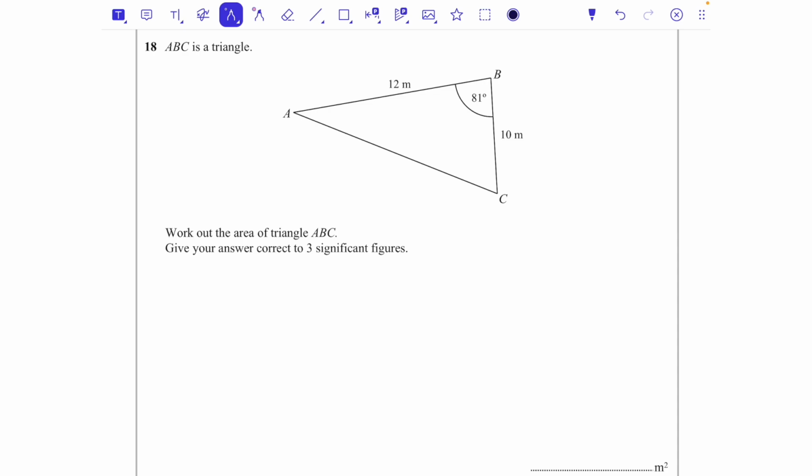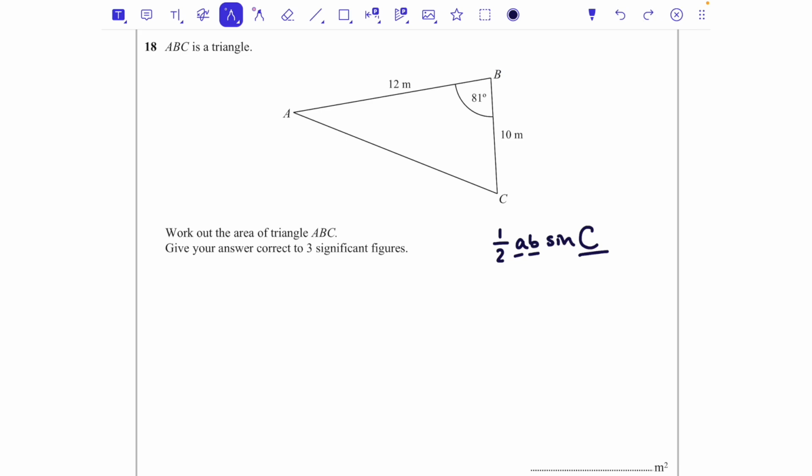Question number 18. ABC is a triangle. Work out the area of triangle ABC. Give your answer correct to 3 significant figures. So you're given at the start of your exam on the formula sheet that the area of a triangle is half ab sine C. Now I've labelled this intentionally to mean that little a and little b are sides, capital C is the angle in between. So you can relabel it if you want, but you wouldn't be expected to.